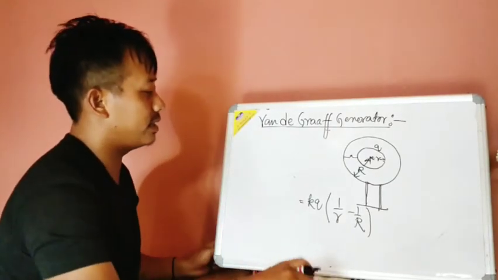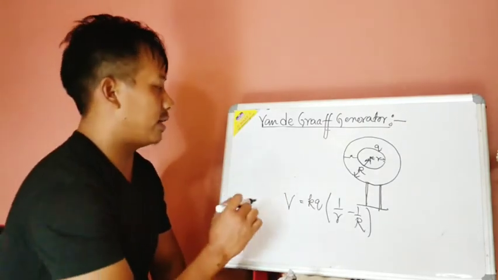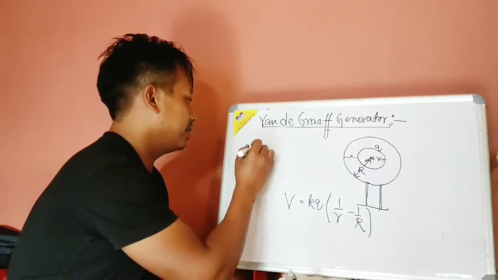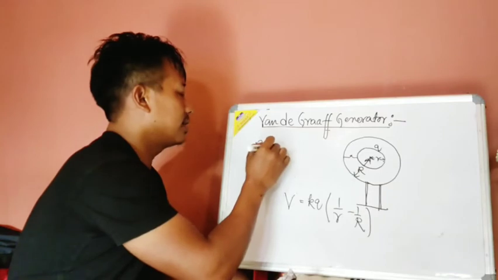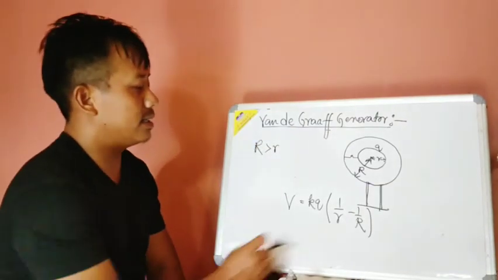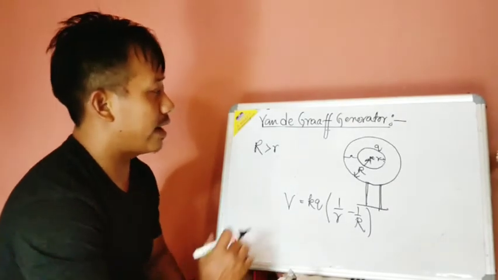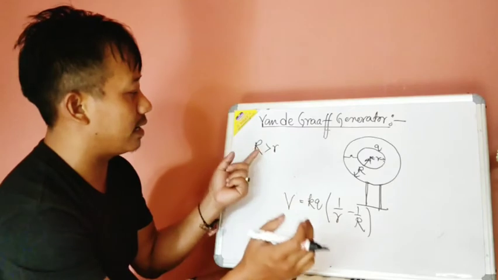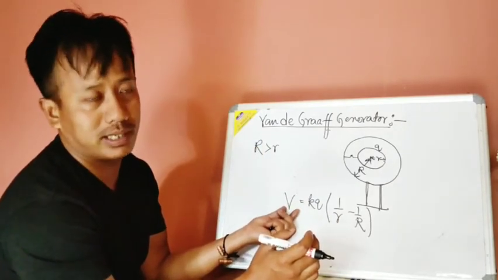As you see from the figure, if you make the sizes of the two spherical cells very different, that means when R is very much greater than small r, this difference will be very large. So if you make the difference between small r and capital R very large, very high potential difference would be generated.